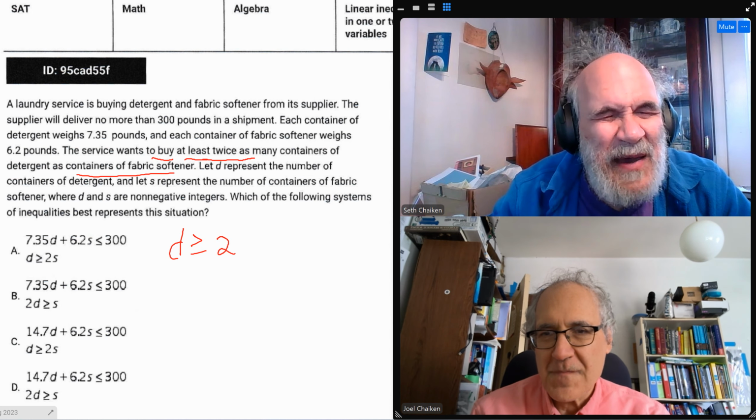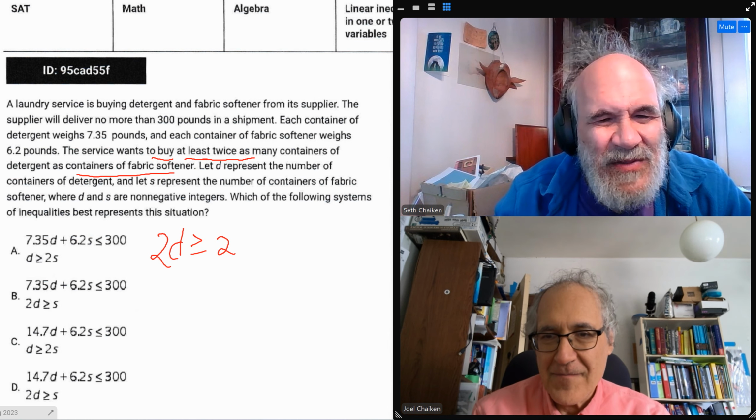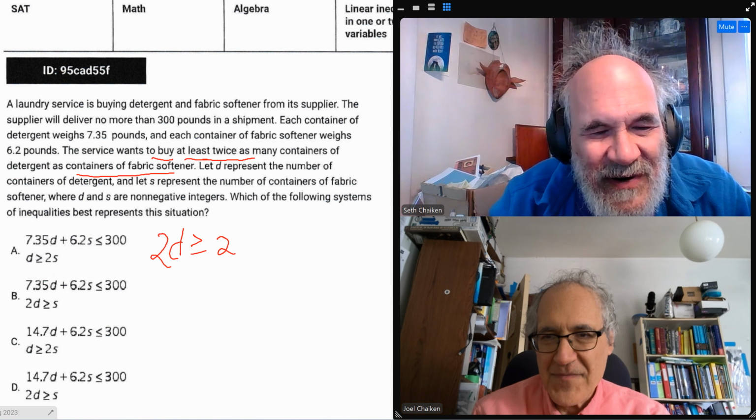So twice as many containers of detergent has to be greater than the number of containers of fabric softener, right?